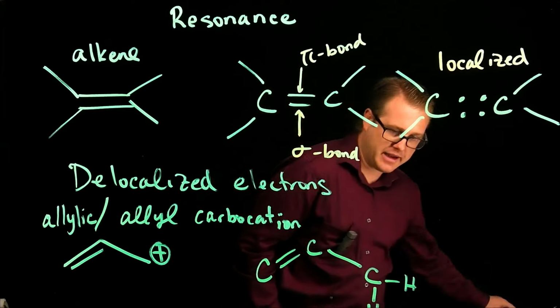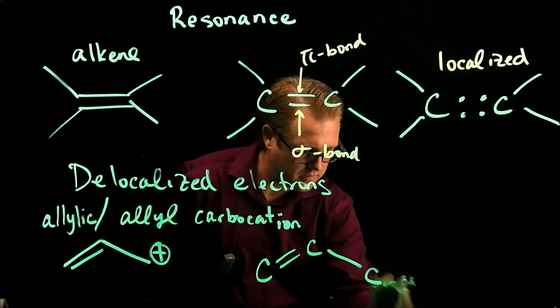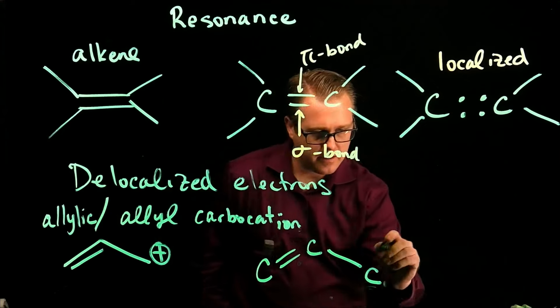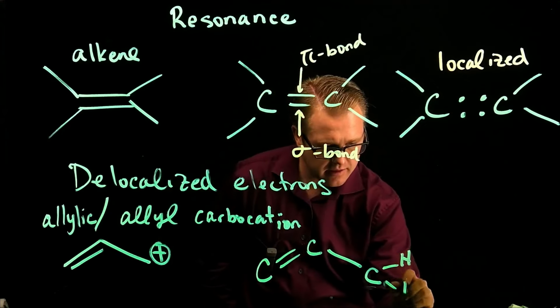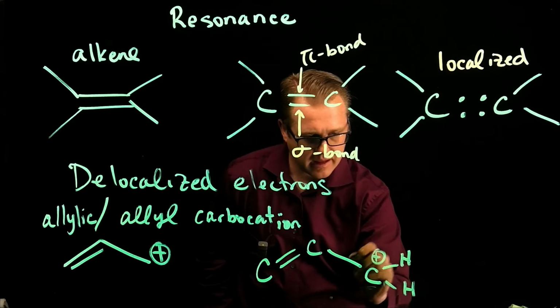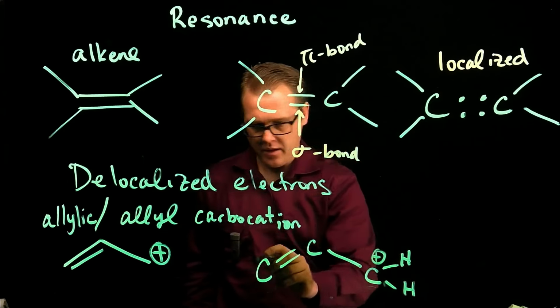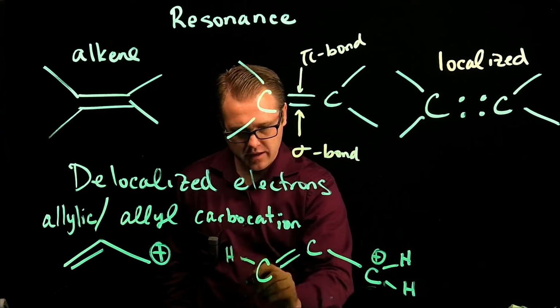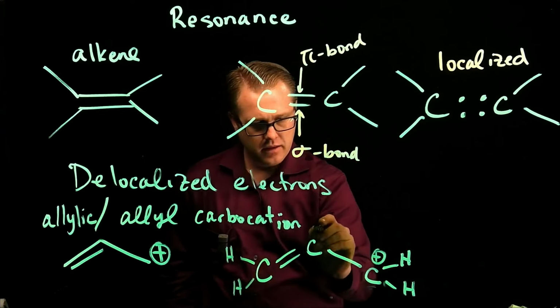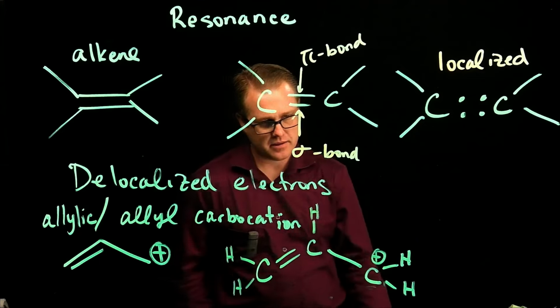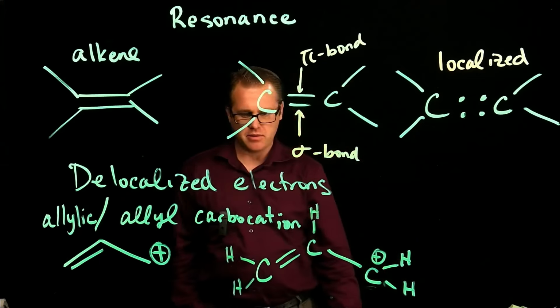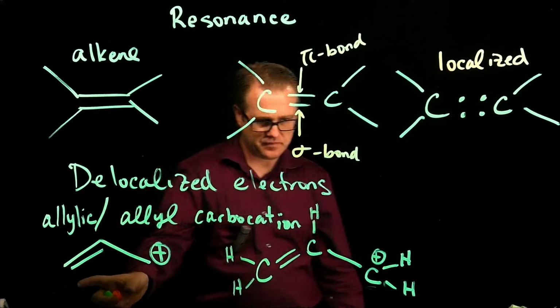You can't see that hydrogen there. Let's draw it like this. Hydrogen, cation there, hydrogen, and hydrogen right there, okay? That's what we're seeing here with the allyl.